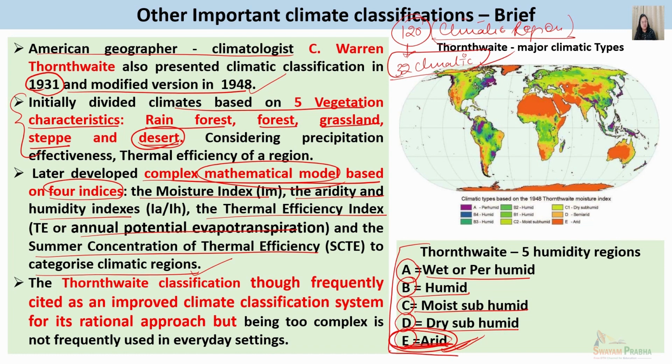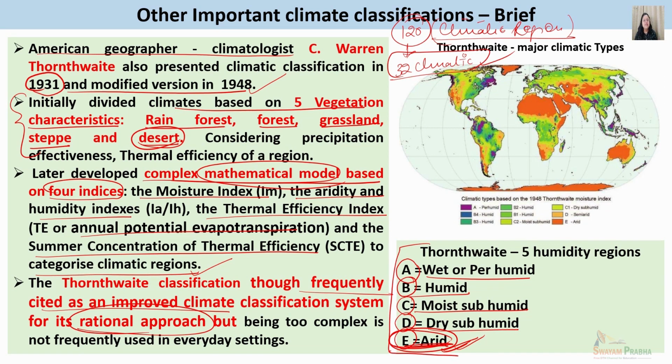So you can see that although Thornthwaite's model was much more rational in nature, and it is frequently cited as an improved climate classification system for its rational approach, it is too complex to understand and therefore it is not frequently used in everyday settings. Even though it was much more rational and presented a better picture of reality, it was difficult to understand.